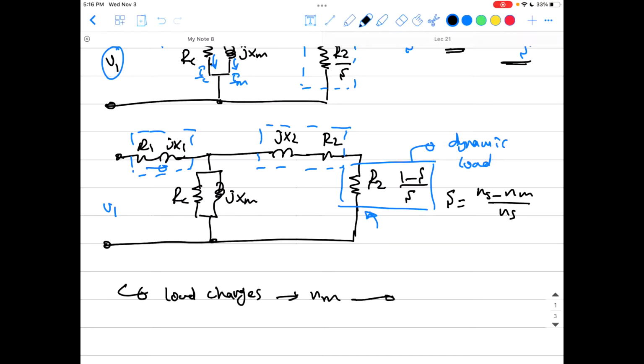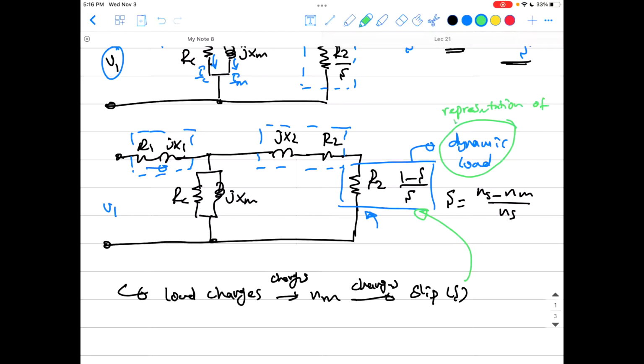And changing the speed changes the slip s, and changing the slip changes this quantity, R2 multiplied by (1 minus s) over s. That's why we call this term the dynamic load, because it is the representation of the mechanical load in the equivalent circuit.